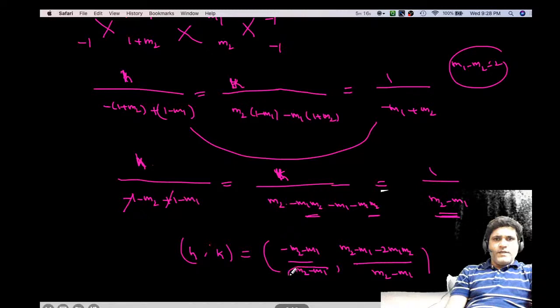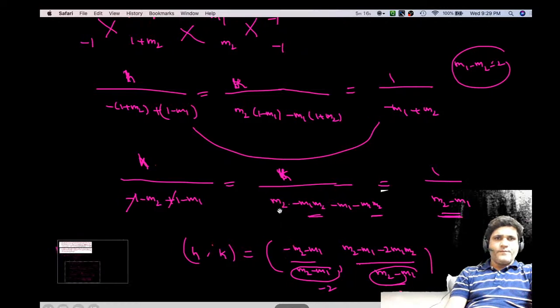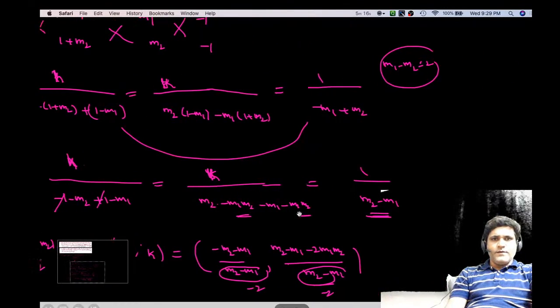So this m2 minus m1 is equal to what? m1 minus m2 is 2, therefore this is minus 2, and this one also minus 2, these two things are constant. Here what you get? h is equal to minus of m1 plus m2 by minus 2. The algebra part you finish off.